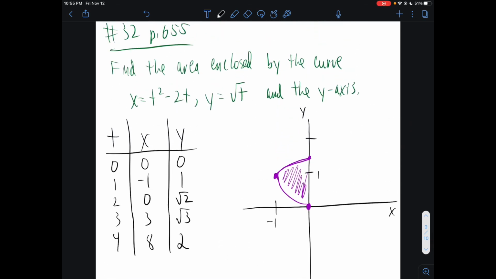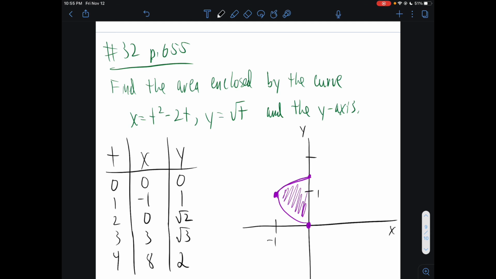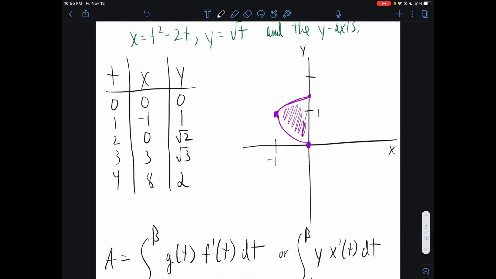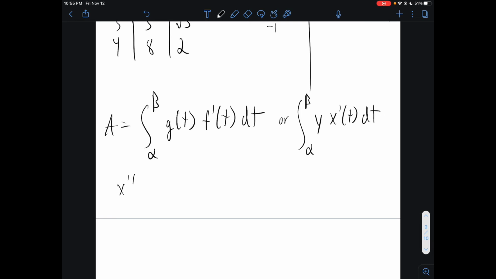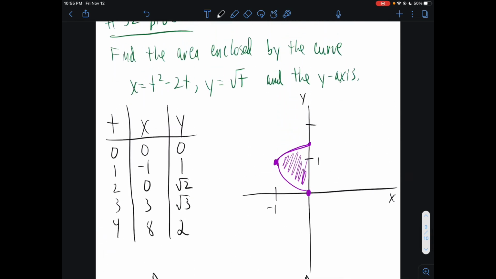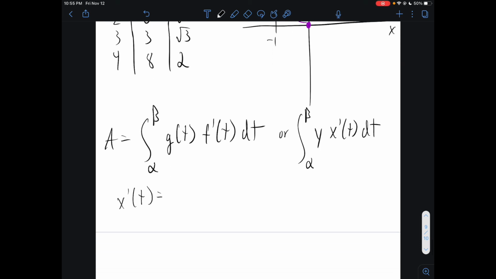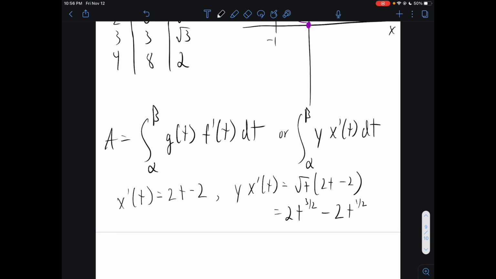So in our case, we're given y as the square root of t, and then dx dt, or I should say x prime of t, is just going to be 2t minus 2. So our integrand, y times x prime of t, is just going to be the square root of t times 2t minus 2. And that's just going to give us 2 square root of t times t, which is t to the 3/2, minus 2t to the 1/2.